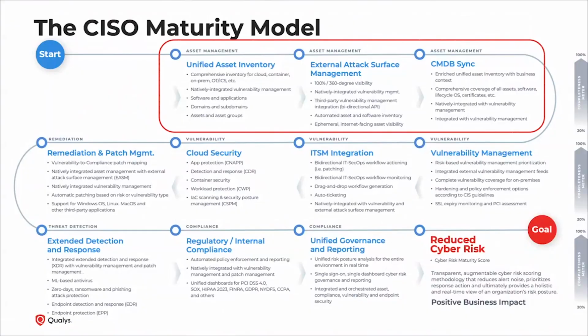The key thing here is that the foundational step of the maturity model is the asset inventory. Finding all of your assets, internal, external, cloud, on-prem, IoT, OT, ICS, all the assets in one place, right? Including bringing in visibility from a CMDB sync, right? So this is the foundational step when CISOs are implementing a model to reduce the cyber risk, and the key thing begins with discovering and monitoring the attack surface on an ongoing basis, right?